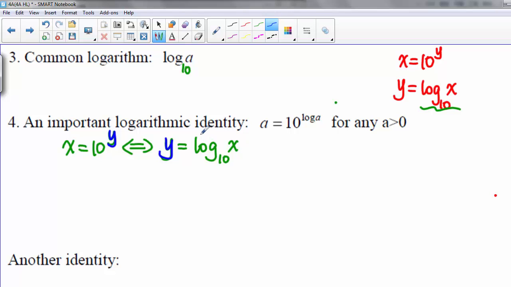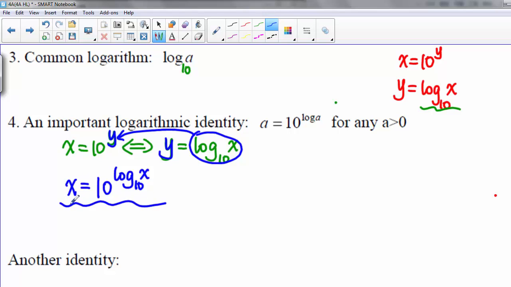So people found, why not use this one to replace the y in the exponential form? If I use this log x base 10 to replace this y in the exponential form, this one is still equal. So for this reason we get x equals 10 to the power of log 10 x, which is the same as this identity.